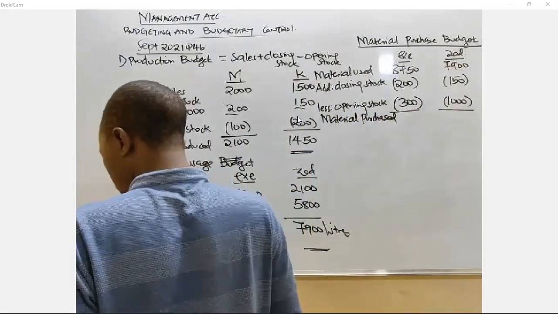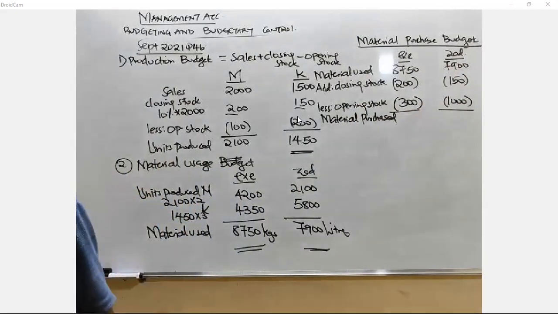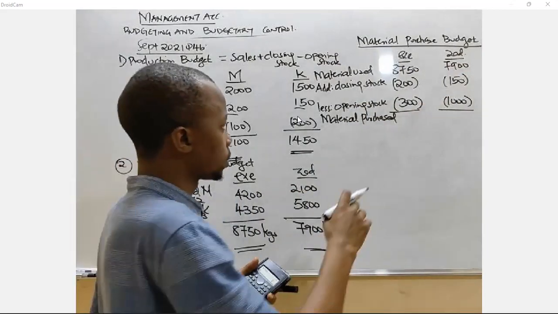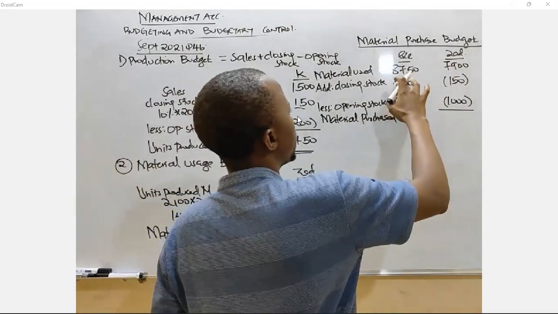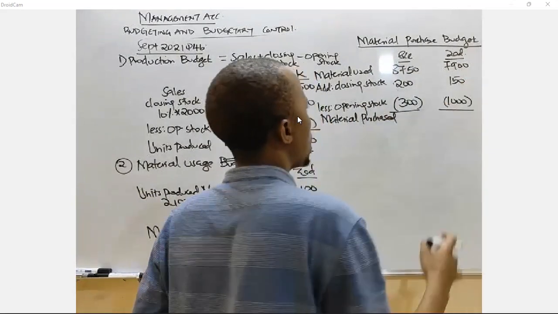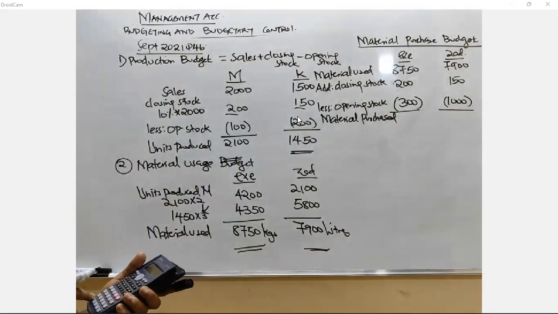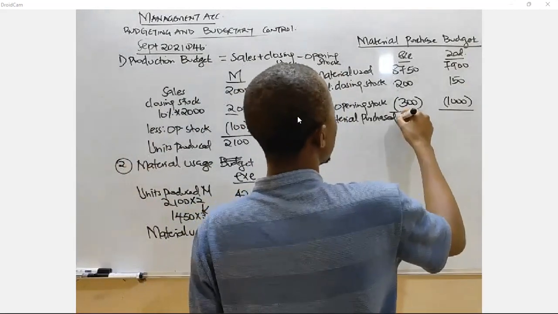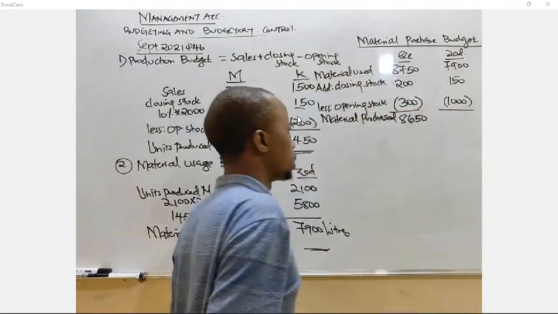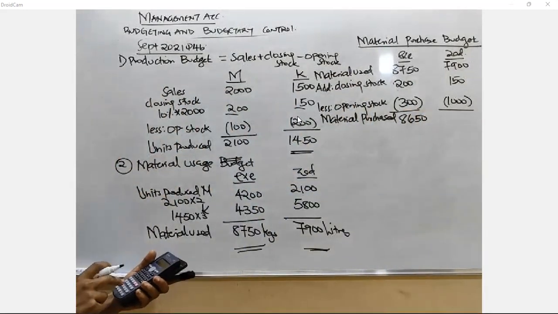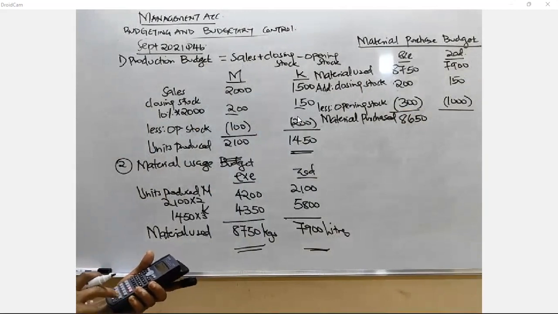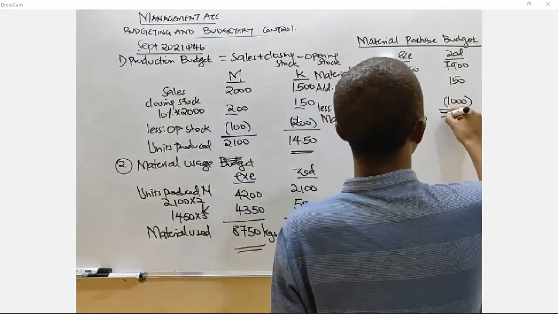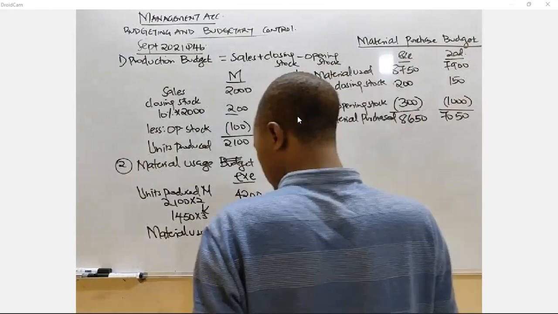The first one will be 8,750 plus 200 minus 300. We're going to be getting 8,650. The other one will be 7,900 plus 150 minus 1,000, getting 7,050. Those are kgs and liters.